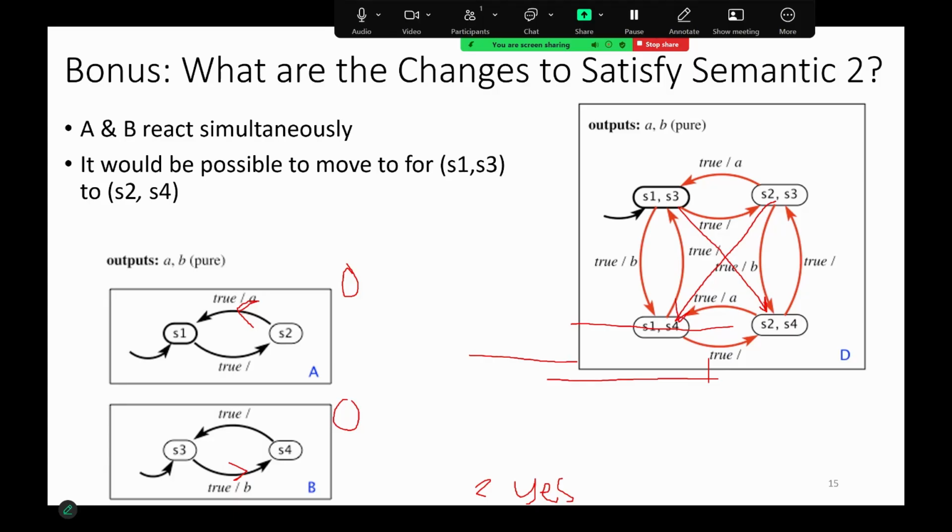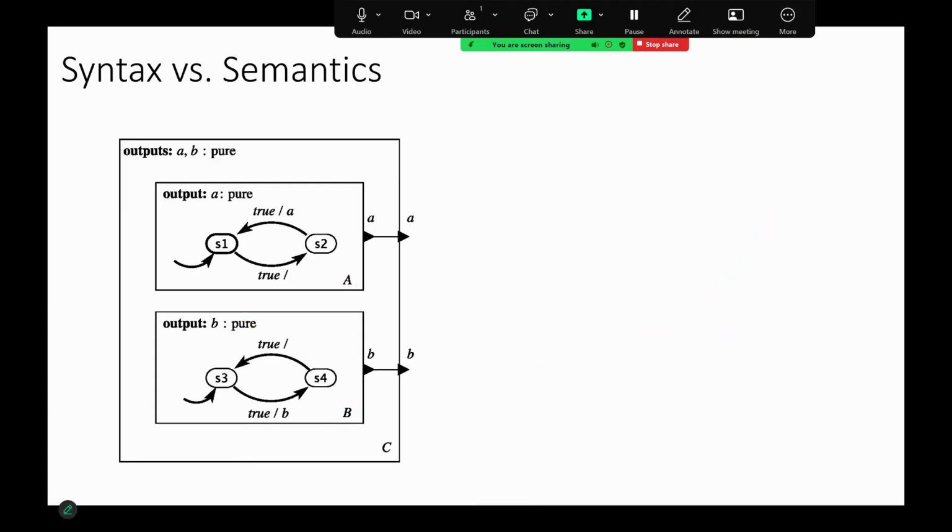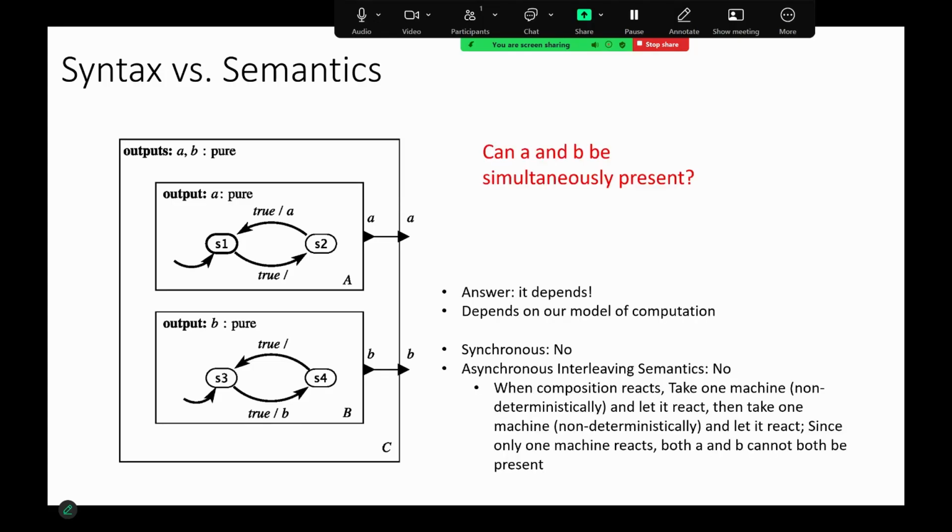So semantic 2 is possible to have the simultaneous A and B, small a and b as out. The reference, yeah, it's confusing to call all of them A and B. One is big and one is small, but yeah, you understand, right? So this is the answer, and you can add the semantic 2 is yes.